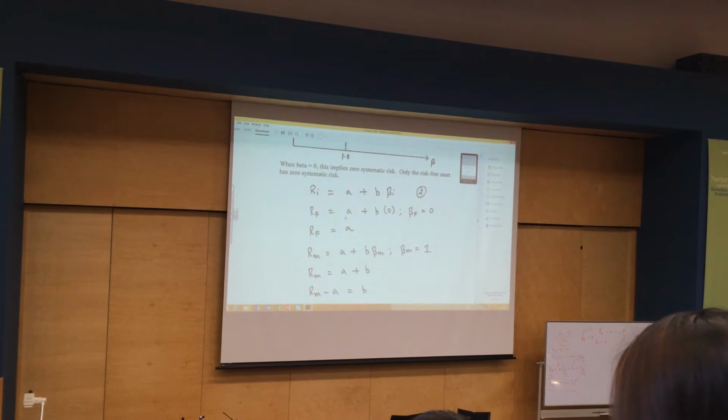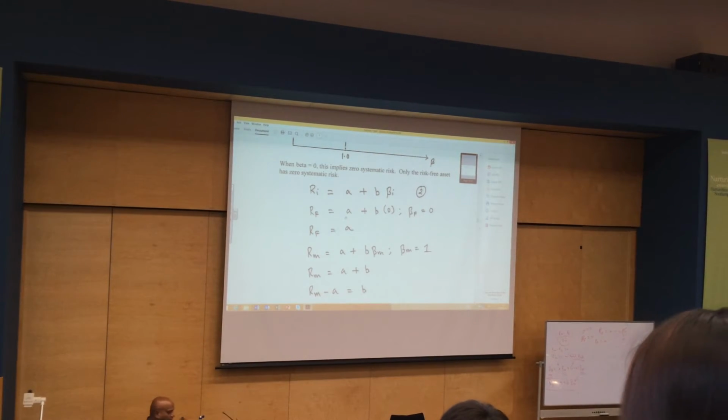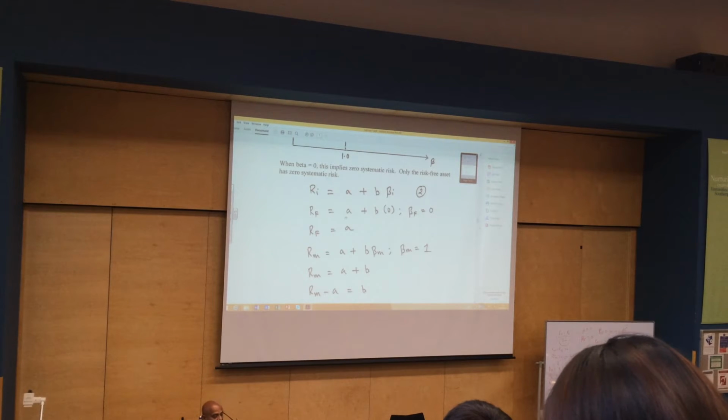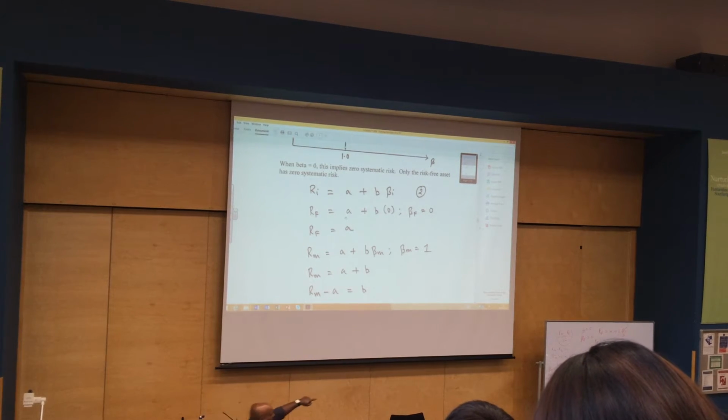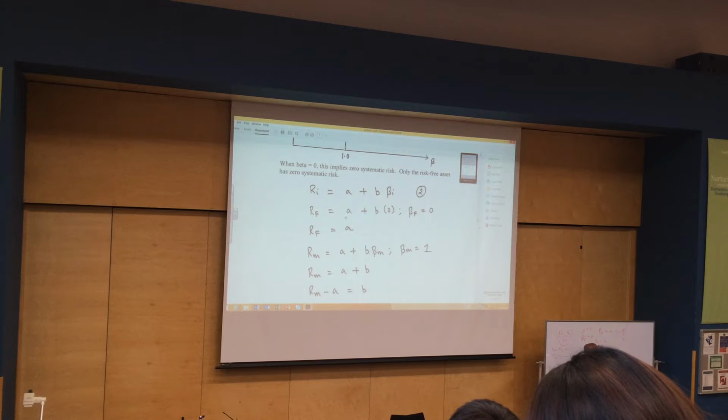Whether it's a UK bond or IBM stock or Coca-Cola stock or whatever, every asset has its own equation that explains the relationship between its beta and expected return. That's the equation for the risk-free asset. But the beta is equal to 0, so this part is gone. So RF is equal to A.